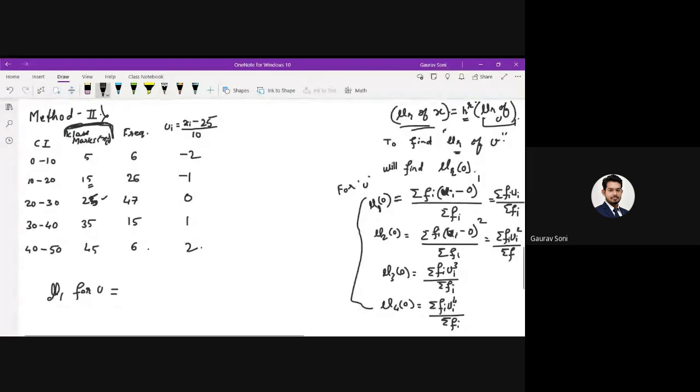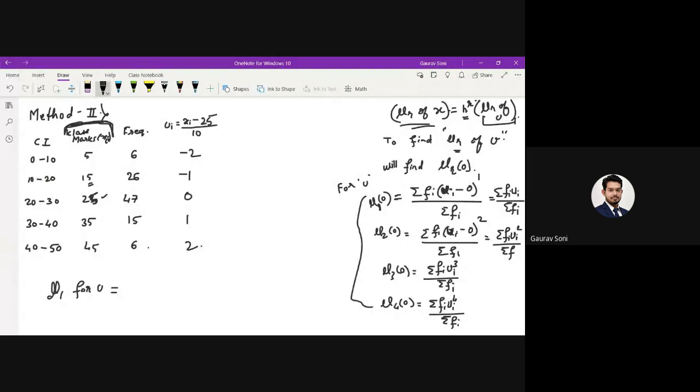Because once this is clear, I will directly go on writing the values and you'll get the answer. Is there any way by which you can get mu 1 for the variable u using mu 1 of 0, mu 2 of 0, mu 3 of 0, and mu 4 of 0?